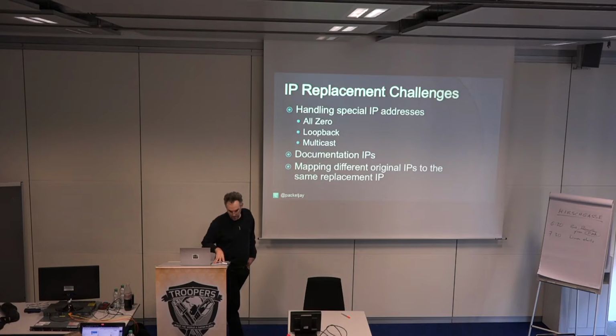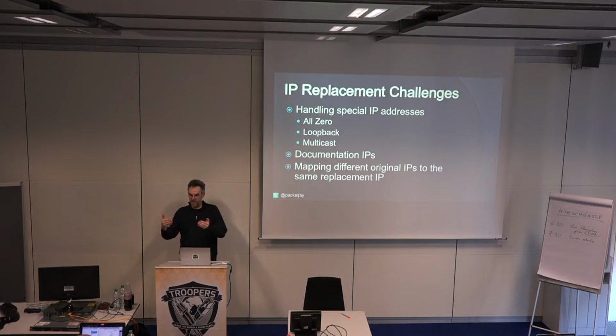And then the biggest problem is if you have two IP addresses and, for example, you randomize them, there's a chance, even if it's highly unlikely with IPv6 because you have so many bits, that you get the same replacement for two different original IPs.